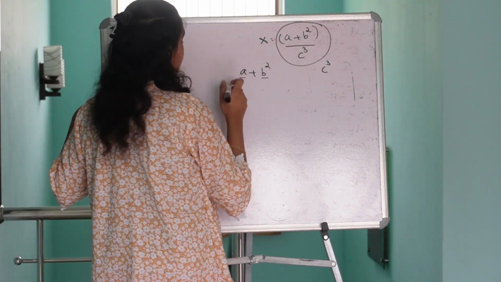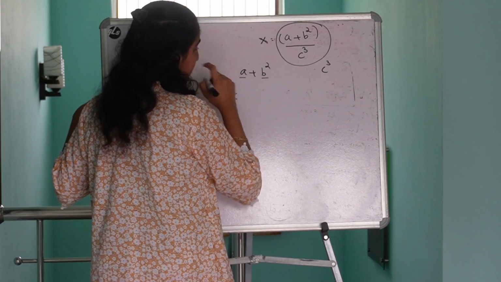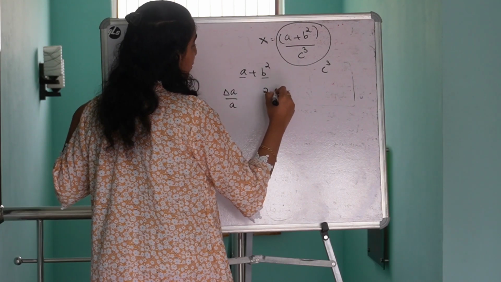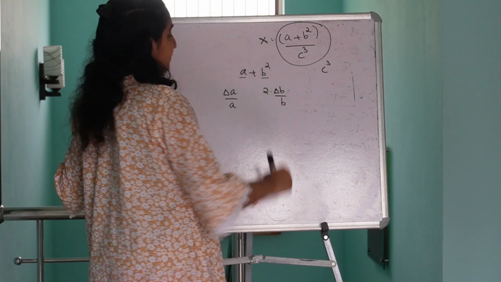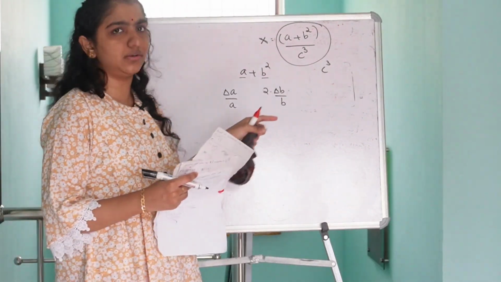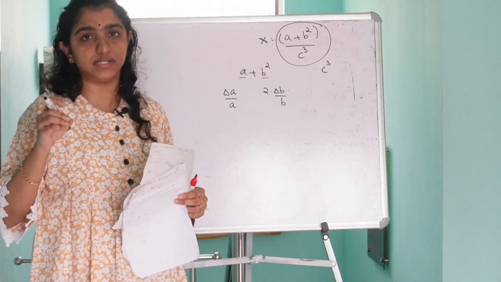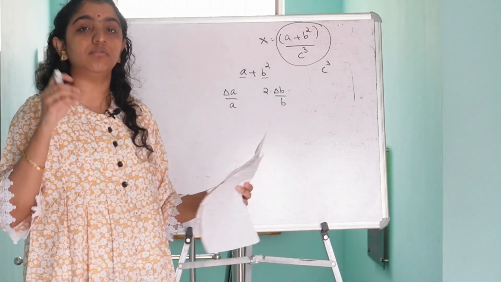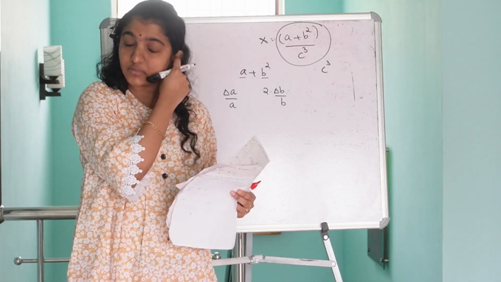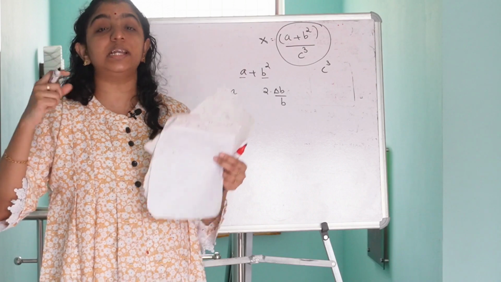The relative error in A is nothing but del A by A. The relative error in B is nothing but 2 into del B by B. Why are we finding relative error? Because we have terms involving power. So if we have terms having power, then we have to consider the relative error.